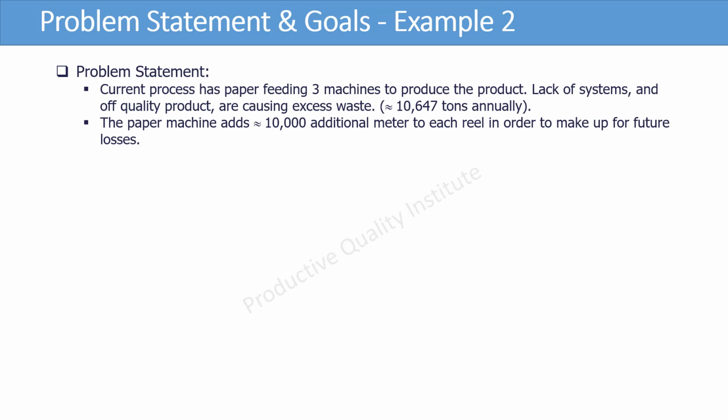Problem statement example: the current process has paper feeding 3 machines to produce the product. Lack of systems and off-quality product are causing excess waste, greater than 10,647 tons annually. The paper machine adds more than 10,000 additional meters to each reel in order to make up for future losses.